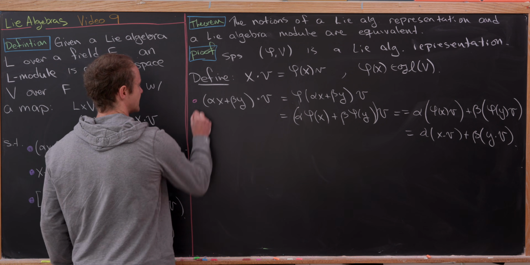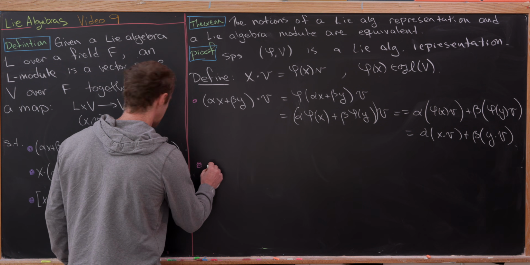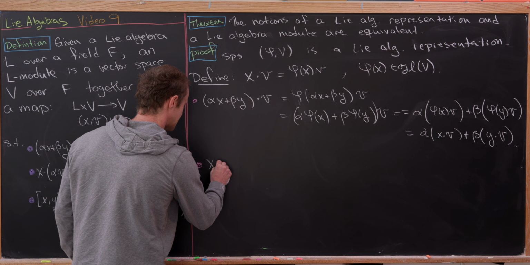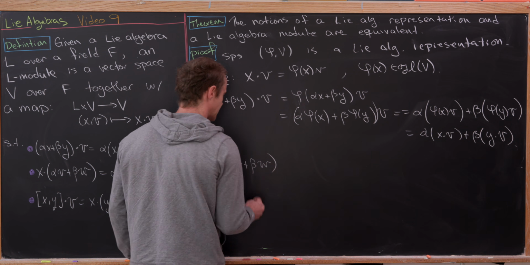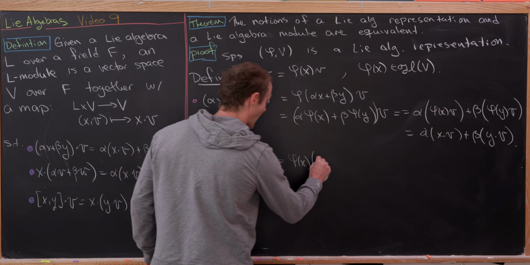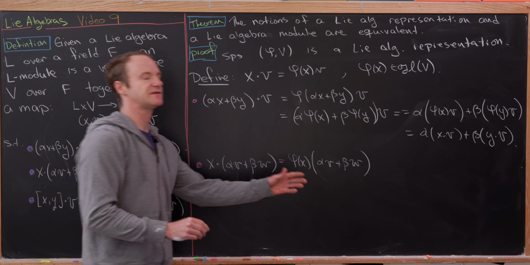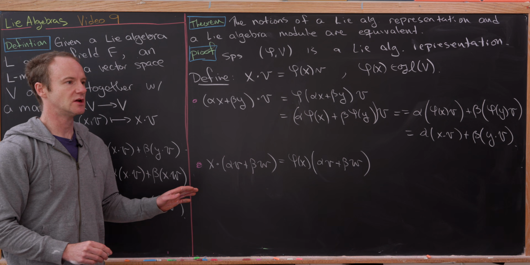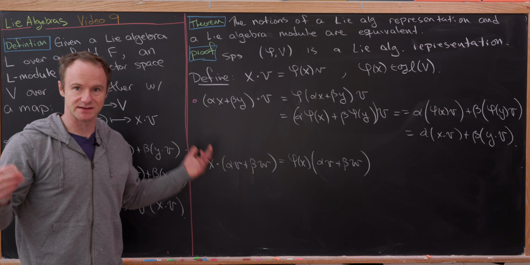Let's put a dot here for the first, and we've got a dot down here for the second. So we need to look at what? X acting on alpha v plus beta w. But notice that's going to be phi of x applied to alpha v plus beta w. But since phi of x is a linear transformation, we know we can split up linear combinations in the obvious way.